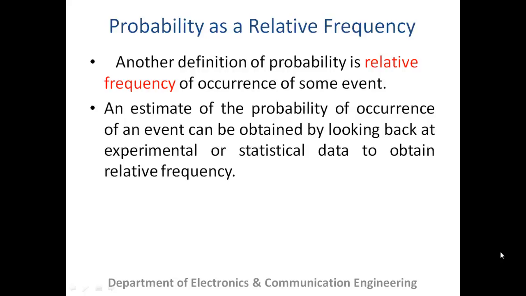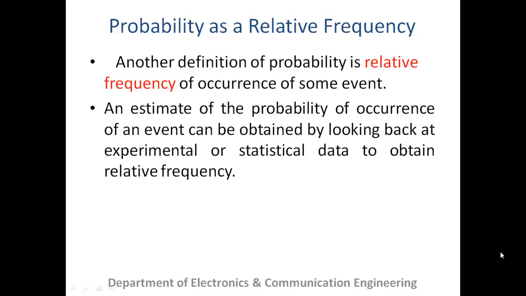So we have 3 possible outcomes for this particular event, and the total number of outcomes is 6. So the mathematical definition yields the ratio of 3 and 6, which is equal to 1 by 2. So in tossing a dice, we have 50% probability of occurrence of an even number.